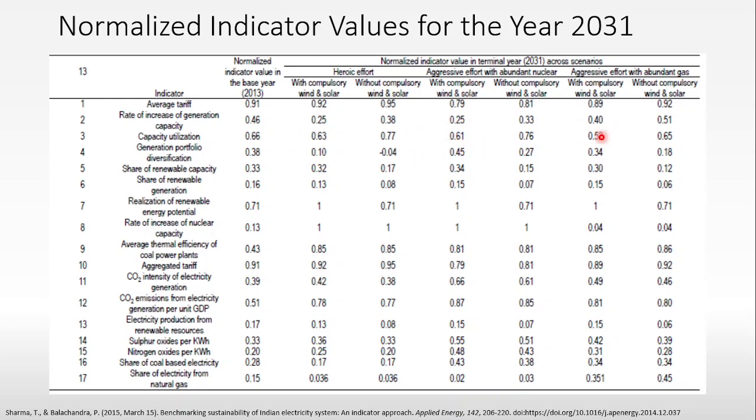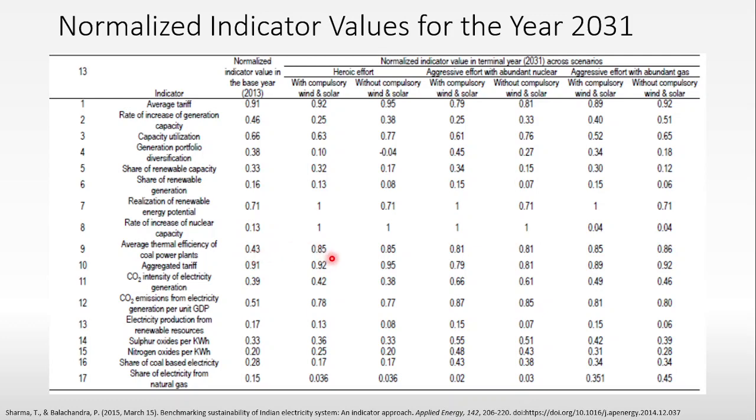You can see this is the same trend in all of these scenarios. Let's say the average thermal efficiency of coal power plants was 43%, or sorry, this is not in percent, this is just a normalized indicator value, so it is 0.43.